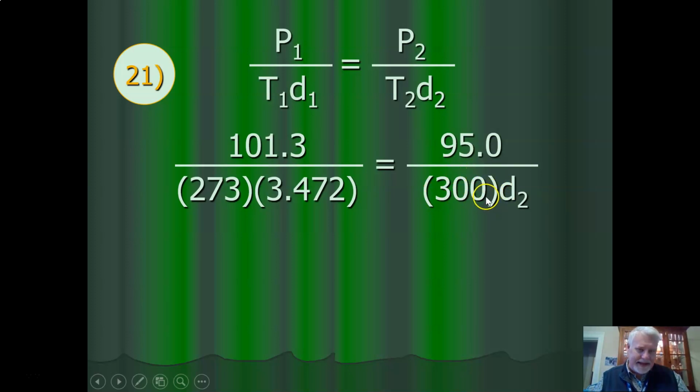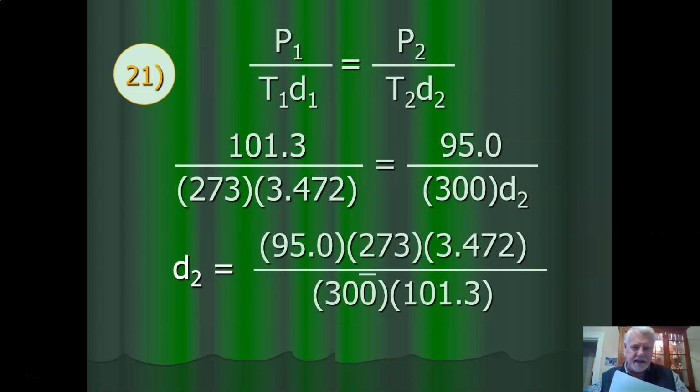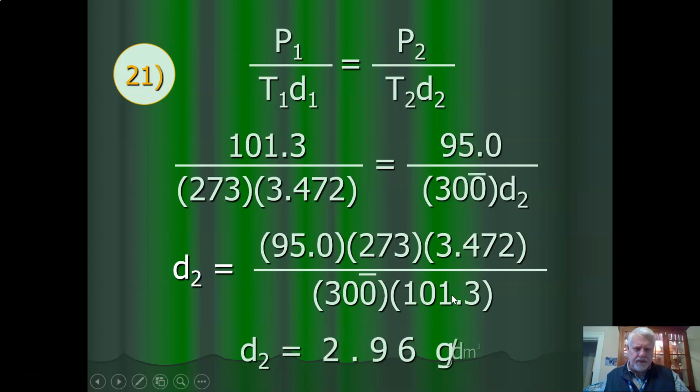You could put a dot there, or in the setup of the problem, just make sure you do something to indicate that this is a significant figure. So 300 exactly is what that is. You can see when I rewrote it here, I put a bar over it just to indicate this. And this is optional to do that, to rewrite with this. But hopefully when you solved, you got 2.96.